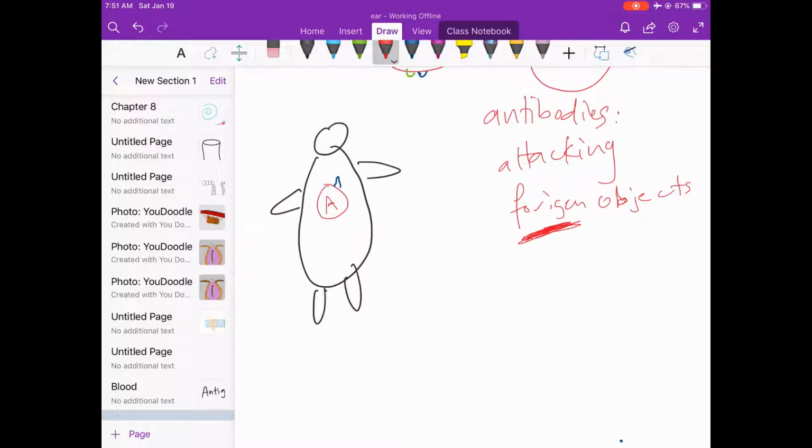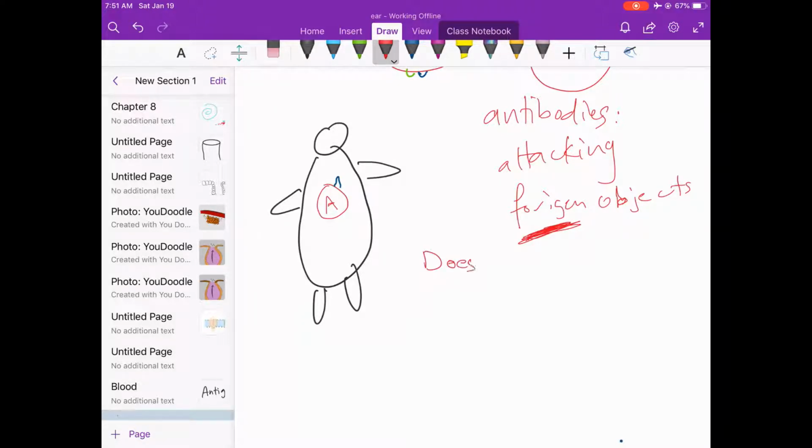Antibodies are attacking, or their function is to attack foreign objects. Now, do you think that the A red blood cells in this case are foreign objects? Of course, no. This is their blood group. So do you think that this person has antibodies that are going to attack the A? So I would write the question.